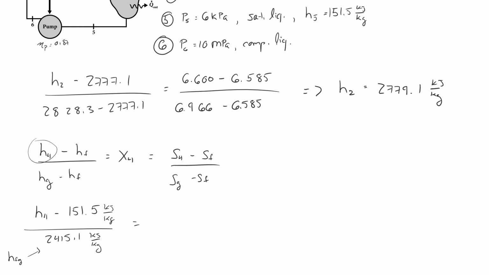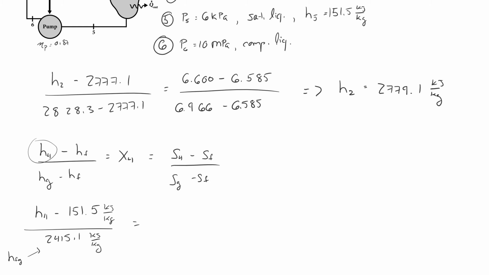And again, I want to convert all pressures into kilopascals, and that will give me kilojoules per kilogram when I multiply it times my specific volume. So here I've got 10,000 kilopascals, that's my 10 megapascals, and then minus 6 kilopascals.